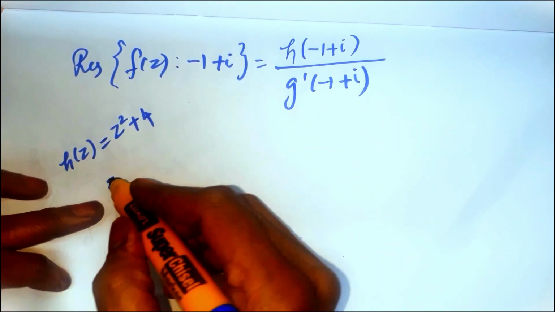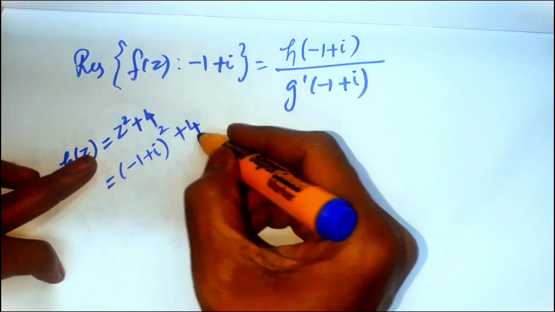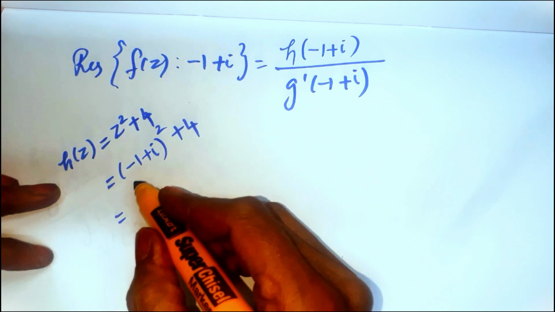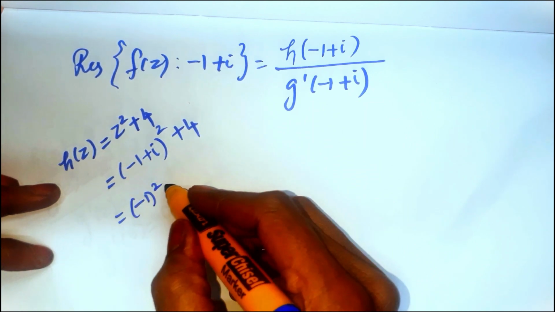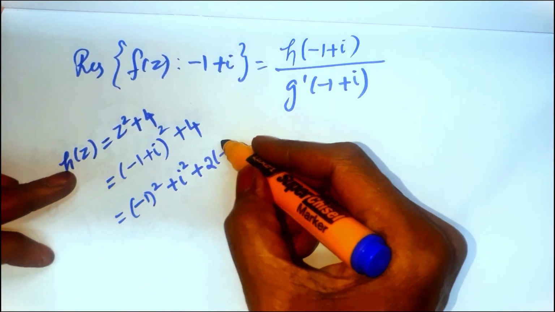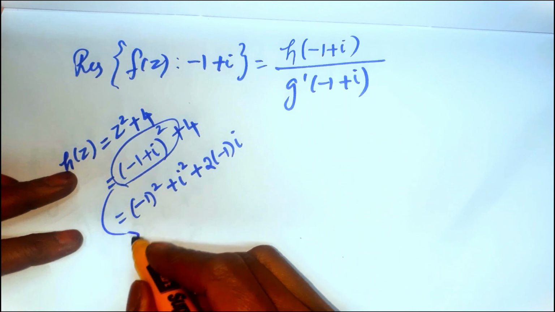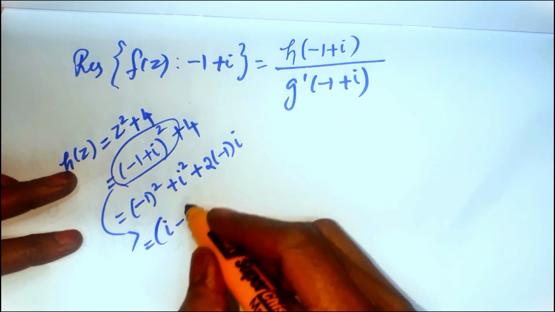So it is minus 1 plus i the whole square plus 4. Am I right? Which is equal to minus 1 the whole square plus i squared plus 2 into minus 1 plus i. Or else you can rewrite this as i minus 1 the whole square plus 4.